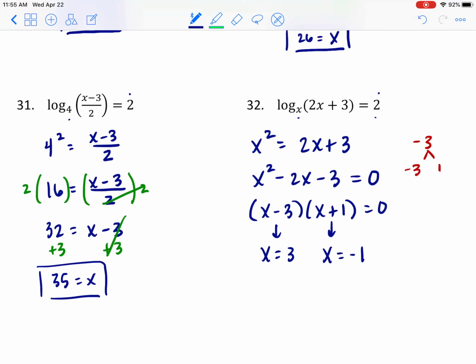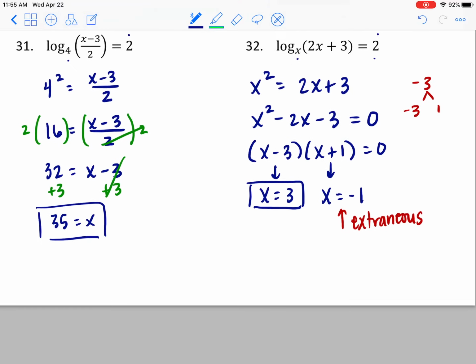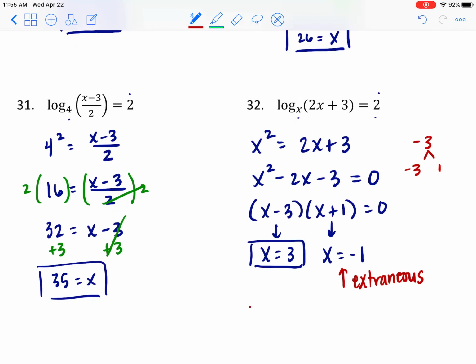There are restrictions with logs because there are restrictions with exponentials, and the two are directly connected. So remember, anytime you have a restriction in your situation, you can get an extraneous solution. So this is an extraneous solution. And again, we're going to talk more about why we have these restrictions when we get to functions. This is the only one that works here.